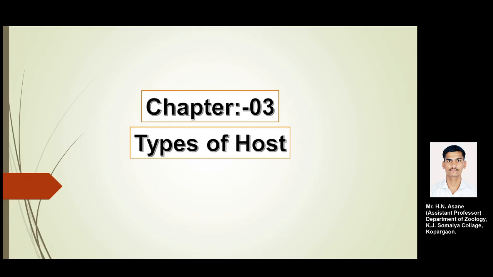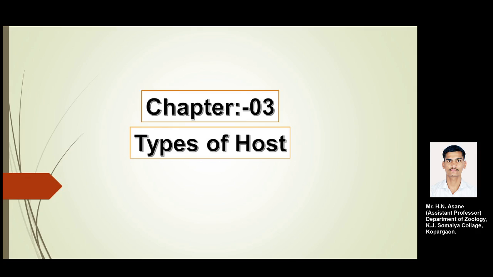The host can be characterized as a definitive or intermediate host, a transport type of host, or a reservoir type of host.